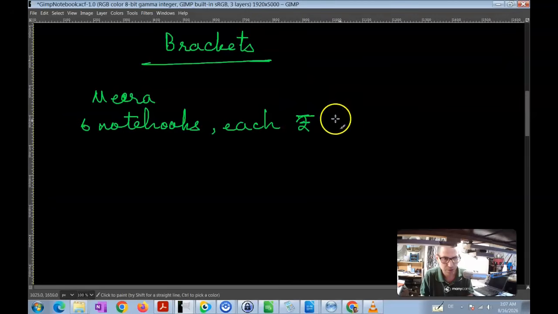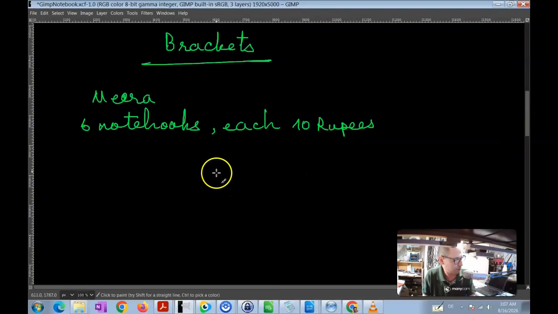Let me make it simpler: 10 rupees, or $10. Rupees is just the currency unit for the money that you find in India. So she buys 6 notebooks, each 10 rupees.